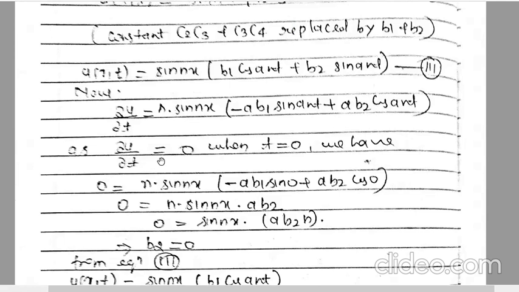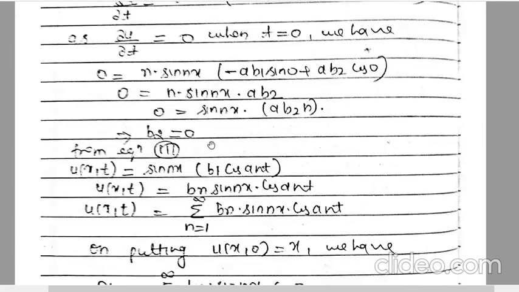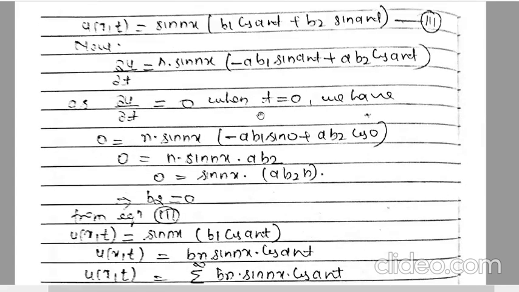Now del u by del t is equal to 0 is given when t is equal to 0. So just apply the condition here. So 0 is equal to n sin nx (minus a b1 sin 0 plus a b2 cos 0). That means 0 is equal to n sin nx a b2 here. Right? Now if sin nx is equal to 0, that means your whole solution will be 0.